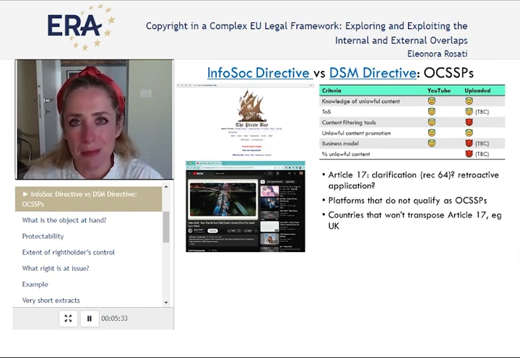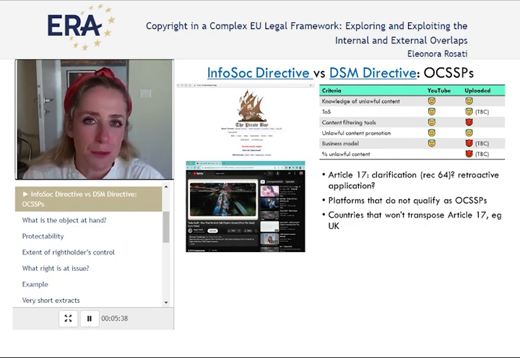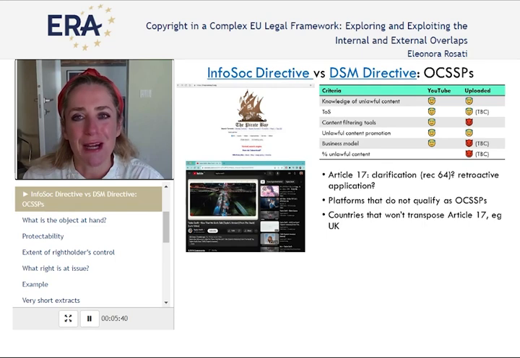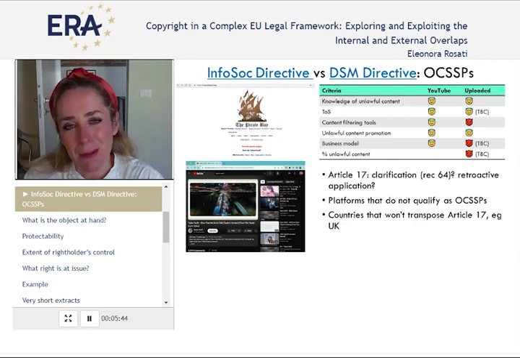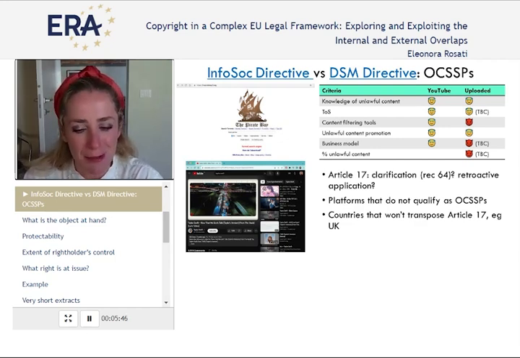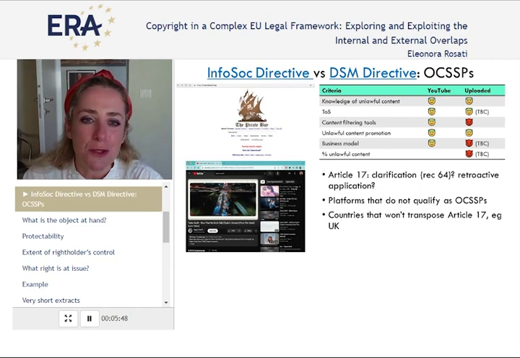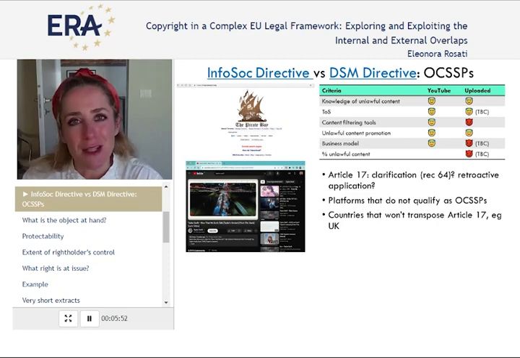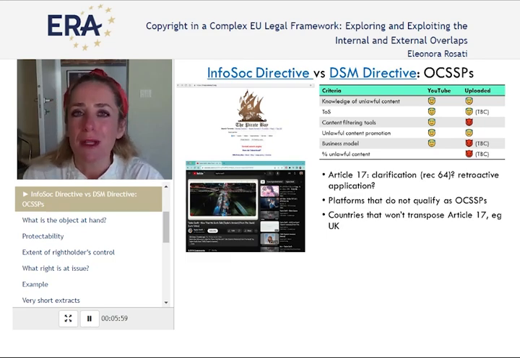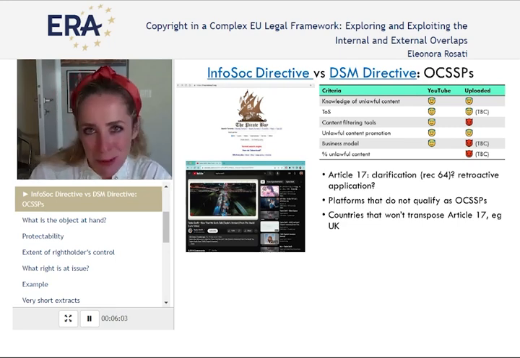And in particular, I'm referring to recital 62. You know that recitals are not positive provisions, but they serve to interpret the content of the actual articles. And recital 62 clarifies that an online content sharing service provider is someone who is in essence in competition with video and audio streaming platforms, so Netflix and Spotify.